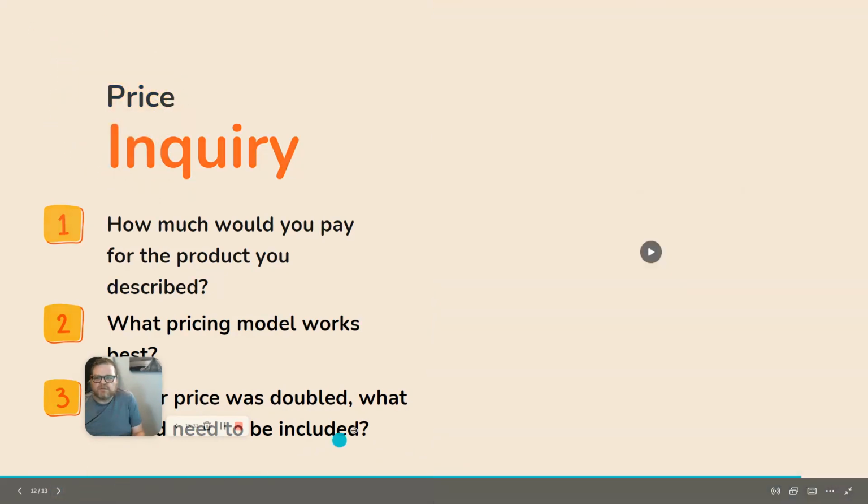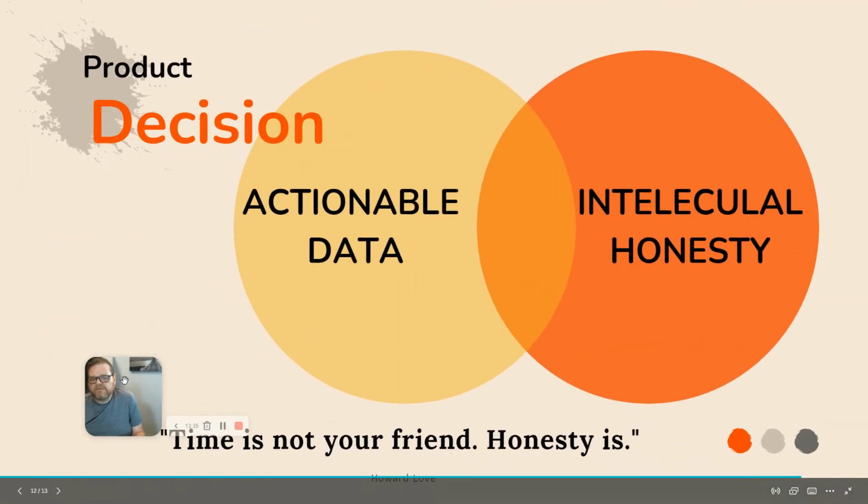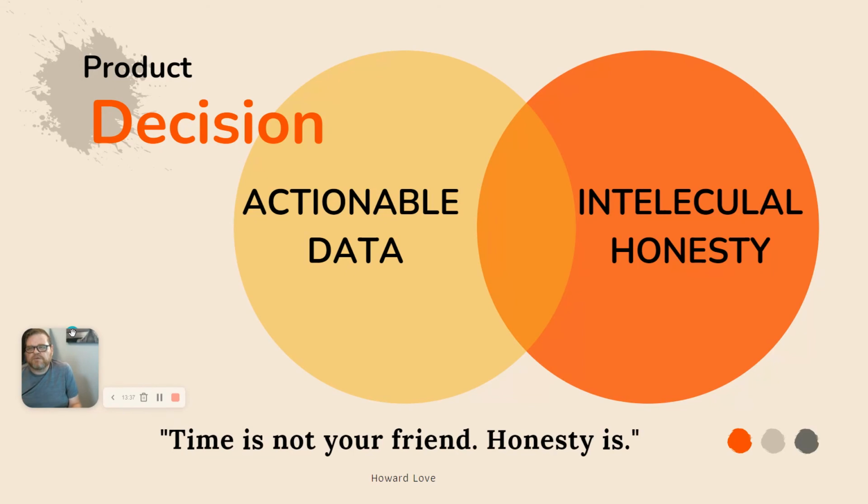And so what this does for the person doing some research really early on is it helps you make a product decision. You get actionable data, and you couple it with intellectual honesty, and you decide, does this idea have legs, or should I kill it early before I invest my money, my mind, my moments into things that are not going to produce fruit?